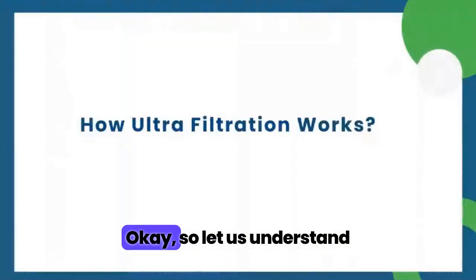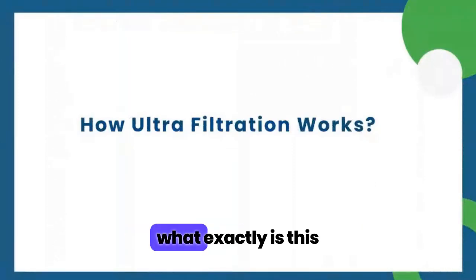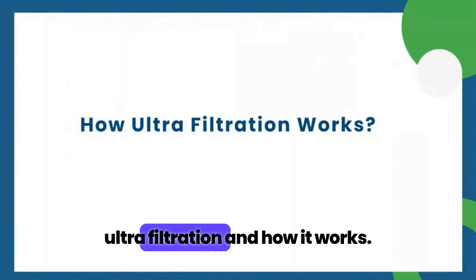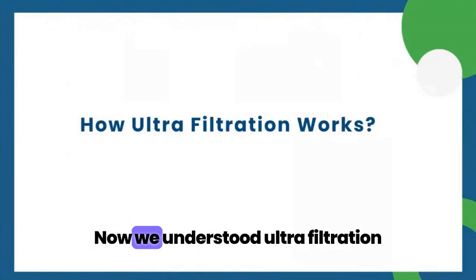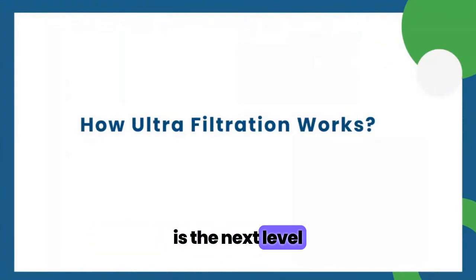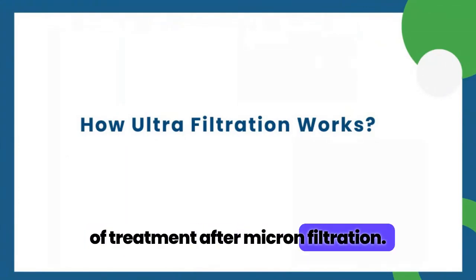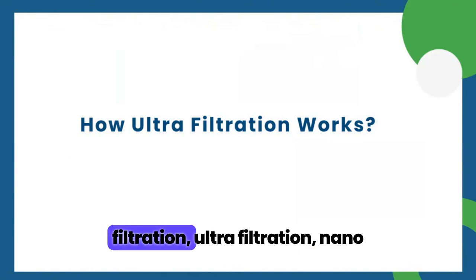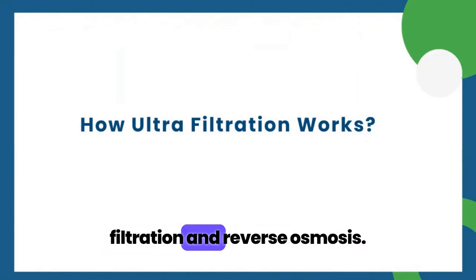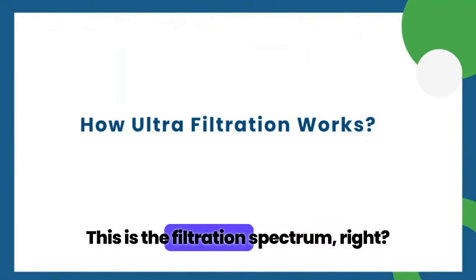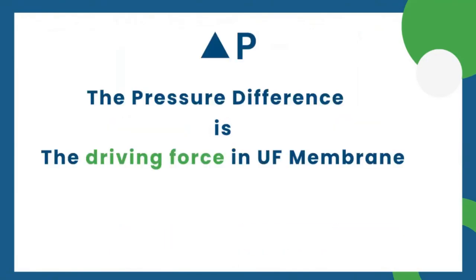Okay. So let us understand what exactly is this ultrafiltration and how it works. Now we understood ultrafiltration is the next level of treatment after micron filtration. That is media filtration, micron filtration, ultrafiltration, nanofiltration, and reverse osmosis. This is the filtration spectrum, right? Okay.